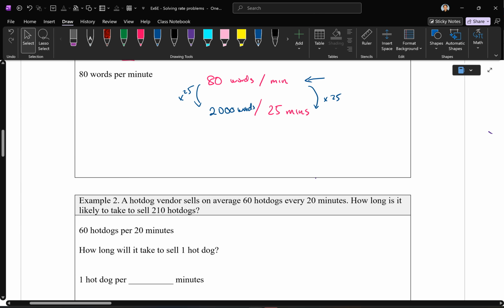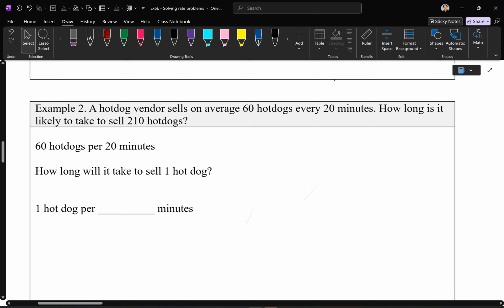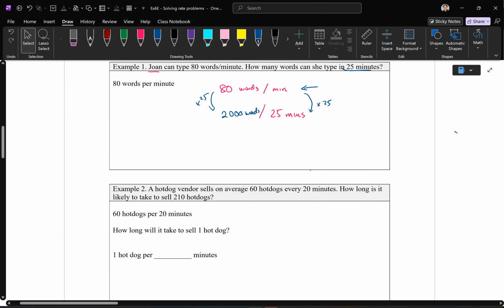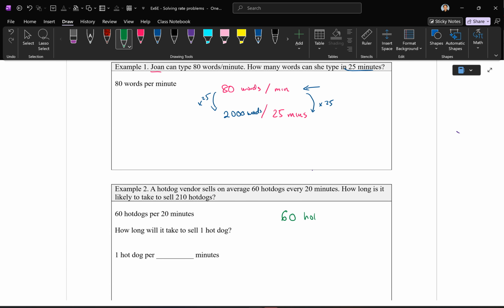Let's go just a bit further. This is still an easy one, but I'm going to get you to think about the logic. What if I change the numbers? Okay, so let's have a look at example 2. You've got now 60 hot dogs that were sold every 20 minutes on average.